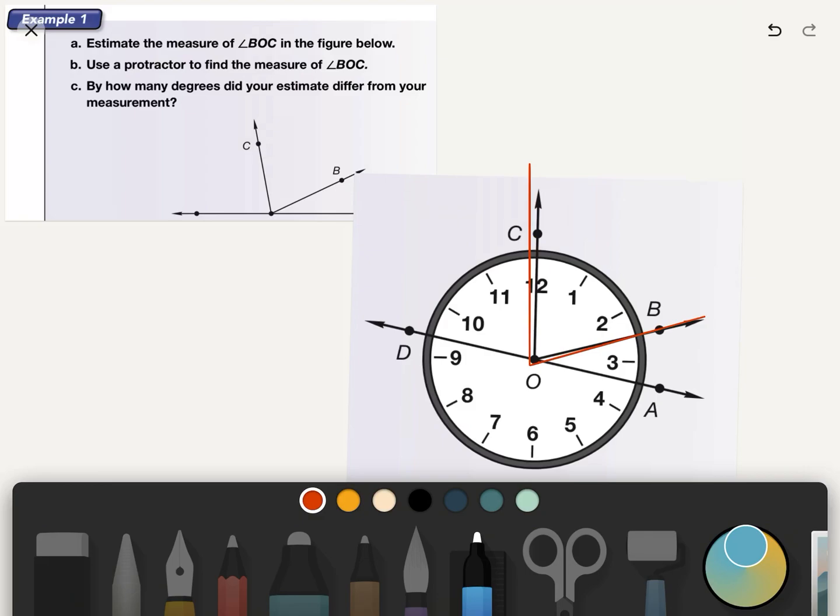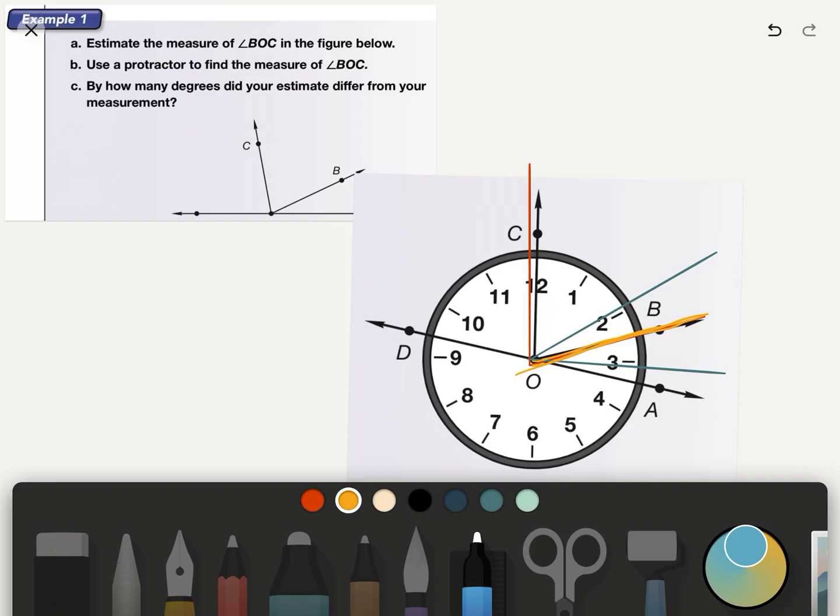But let's look at this. I don't know if I could get these right on the line, but they don't look like they want to stay. But looking at this, this really looks like it's exactly halfway between the 2 and the 3.